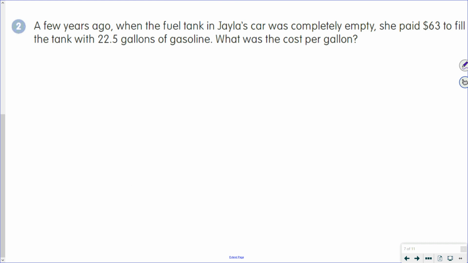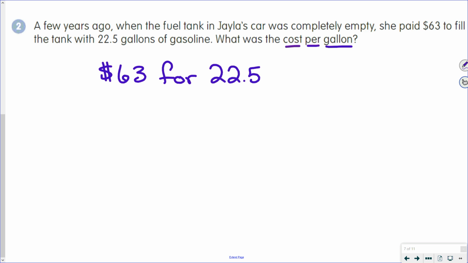A few years ago, when the fuel tank in Jayla's car was completely empty, she paid $63 to fill the tank with 22.5 gallons of gasoline. What was the cost per gallon? So cost is $63. Our gallon is 22.5.